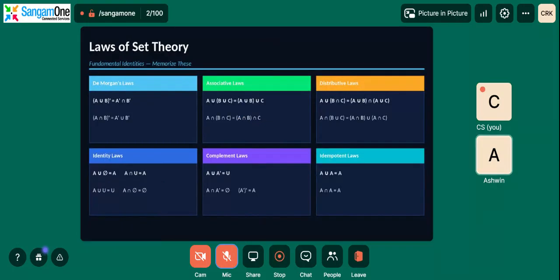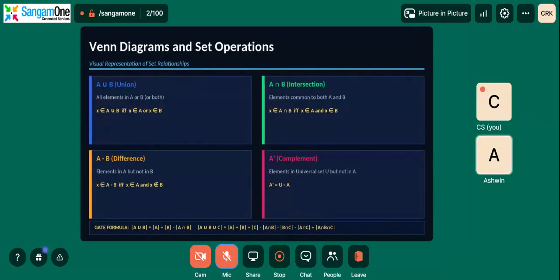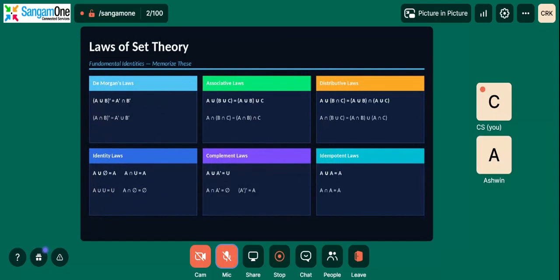Please note these laws of set theory, as they are important for solving the questions in GATE. Any formula you see here, please note it down and practice it, because based on these we will be solving the upcoming problems. Here is De Morgan's law, the associative law, distributive law, identity law, complement law, and idempotent law.